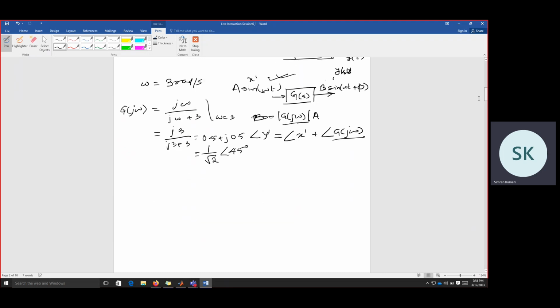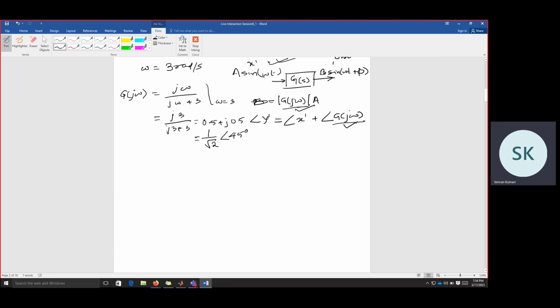Okay, so now we know this one and this one. What we have to do is find the steady state response. So what would this be? Since our input is 7 cos(3t minus 40), the output will be some B cos(3t minus 40 plus phi).